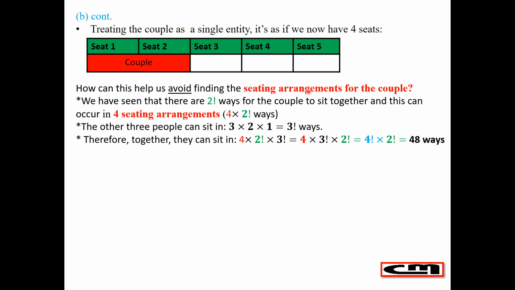So I'm saying with the approach of coming up with 4 tables in trying to search for the seating arrangements for the couple, we can come up with the solution in this manner.